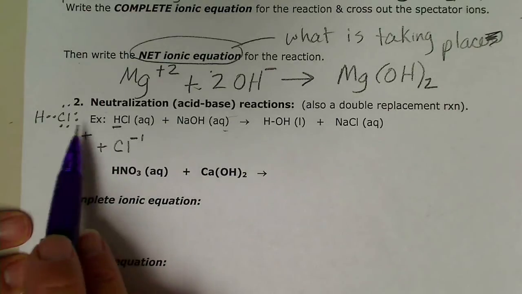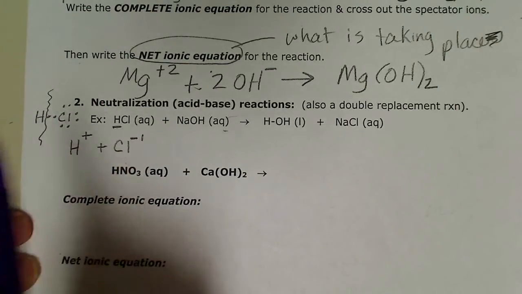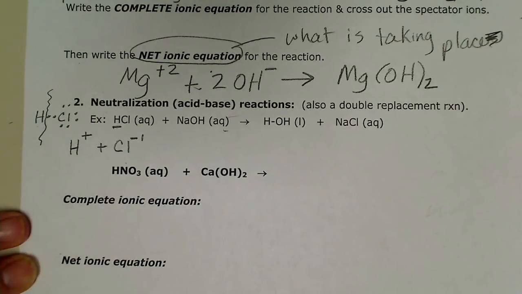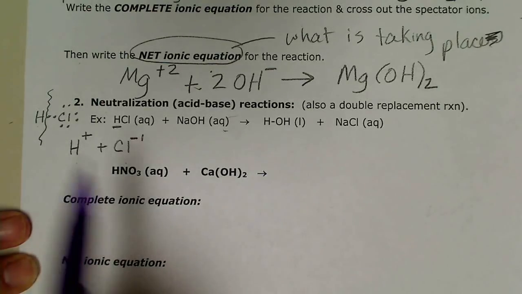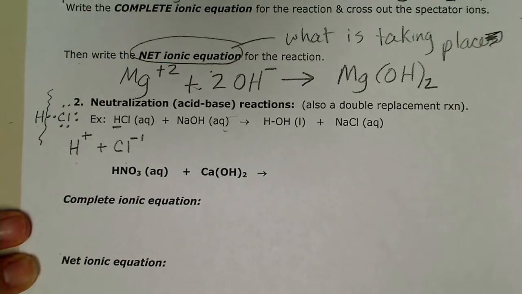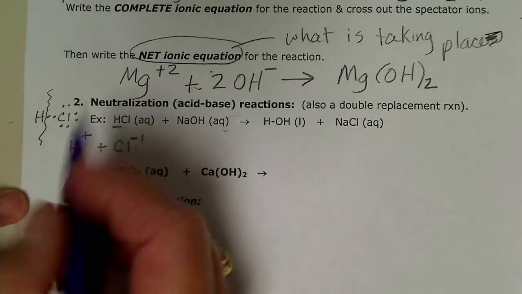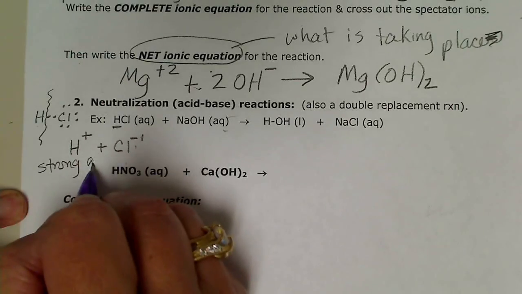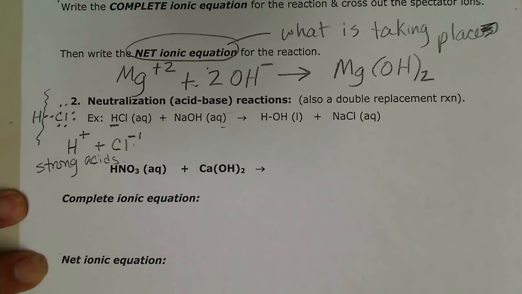But when we bubble this through water, the bond breaks so that hydrogen's electron goes with the chloride. So hydrogen's in column 1, it's happy to get rid of an electron, and chlorine is in column 7, it's happy to gain an electron to become chloride. So this is a strong acid because it completely dissociates, so we'll talk more about that later.